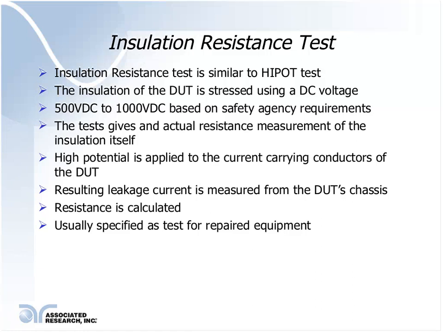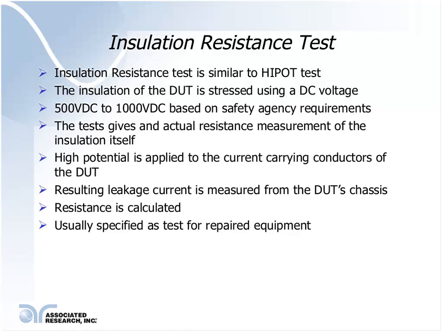The insulation resistance test potential is generally specified by the safety agencies at 500 volts DC or 1000 volts DC. Now remember, compared to the Hipot test, there was a formula that we used to get the voltage. Here, the agencies have specified the voltage as 500 or 1000 volts DC.